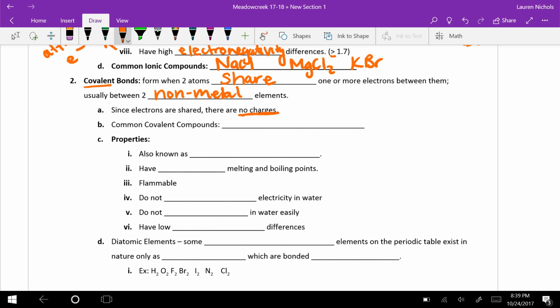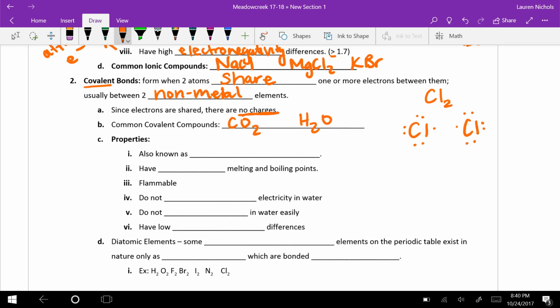Now, if we look at a covalent compound, for example, carbon dioxide or water, these are going to be our covalent compounds, but I'm actually going to look at something like chlorine. Now, chlorine is a diatomic molecule, and it's going to share its valence electrons because we see that each chlorine has 7 valence electrons.